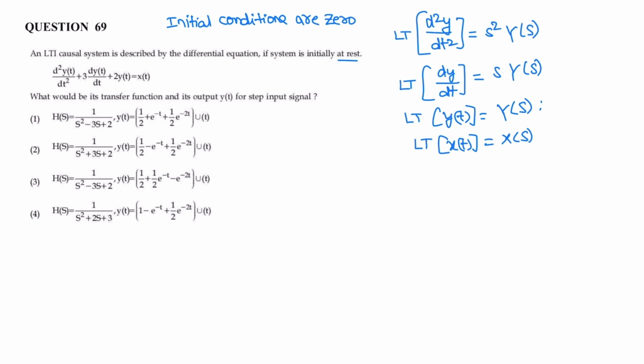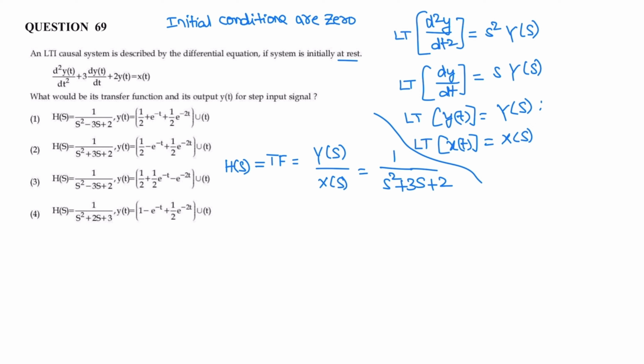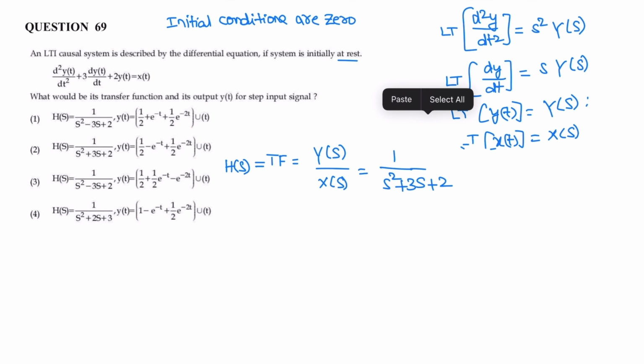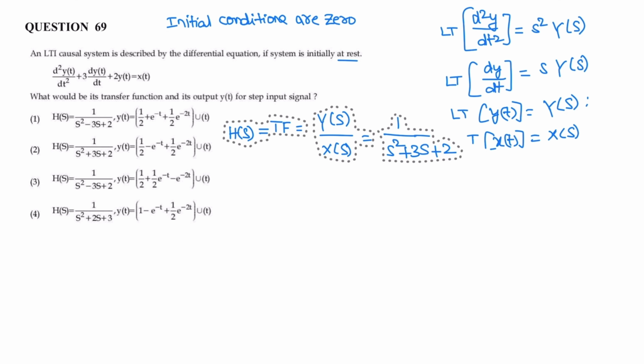The transfer function of the given differential equation is Laplace transform of y by Laplace transform of x, Y of s by X of s, is 1 by s square plus 3s plus 2.